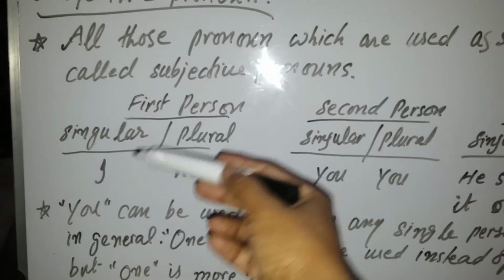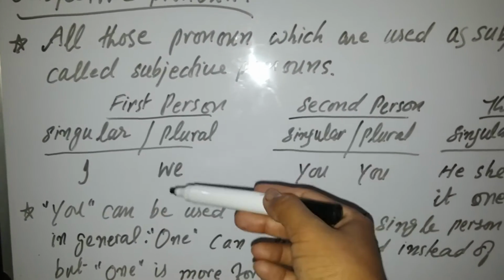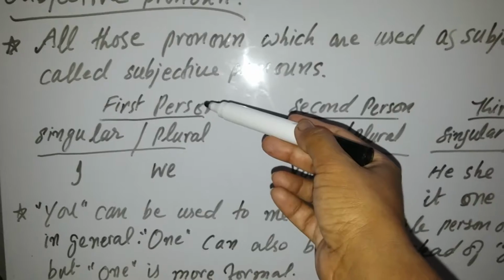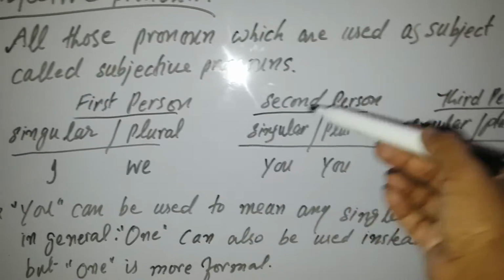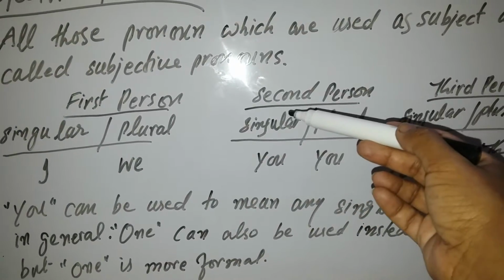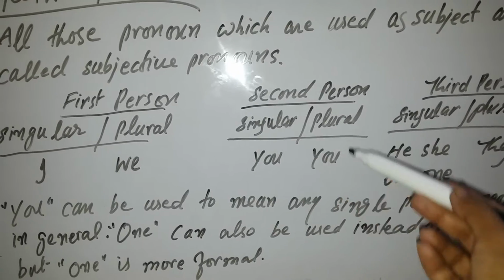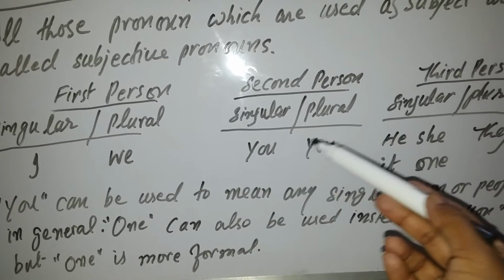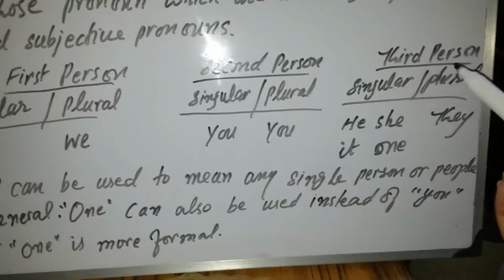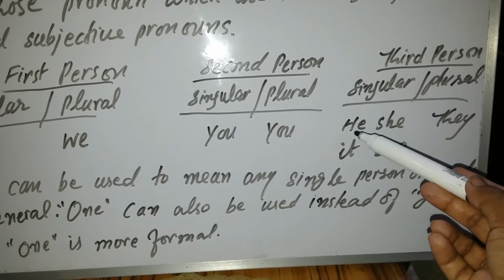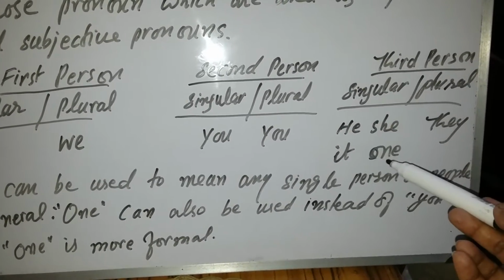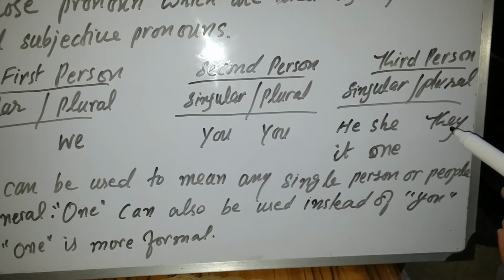I is a first person singular pronoun. We is a first person plural pronoun. You is used as second person in both singular and plural. Third person pronouns, singular, are he, she, it and one, and plural is they.